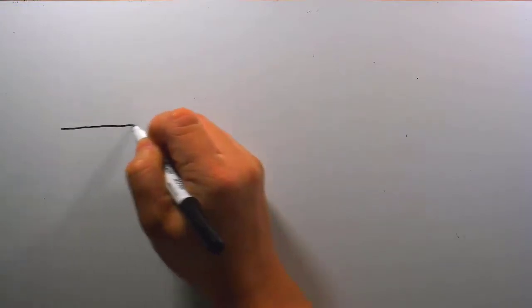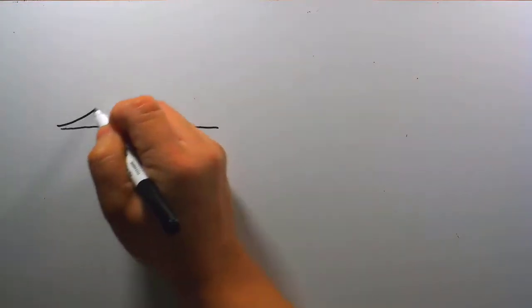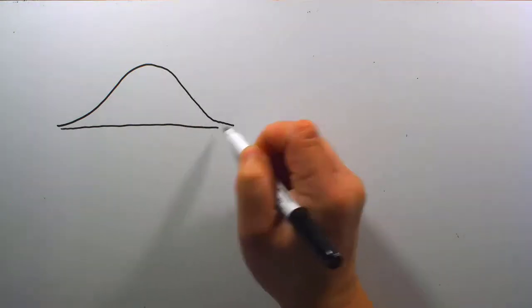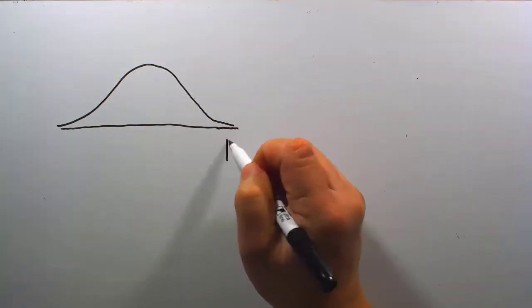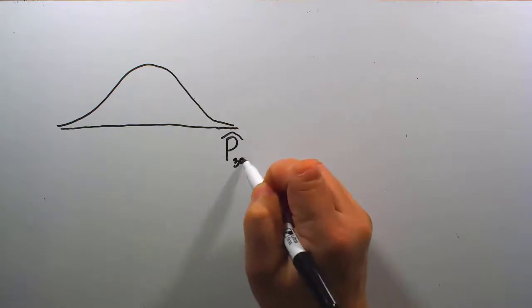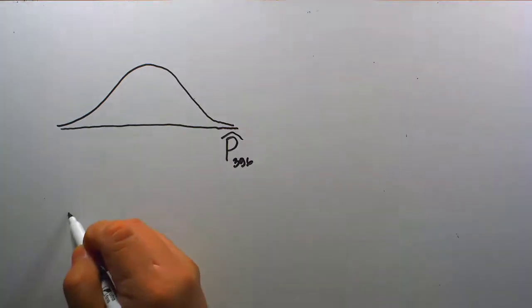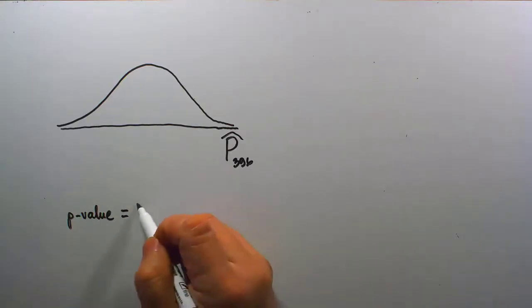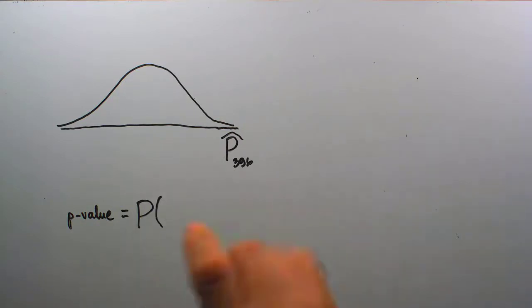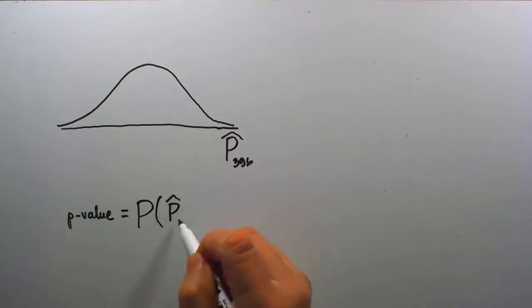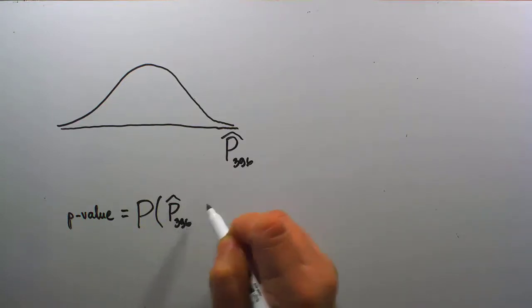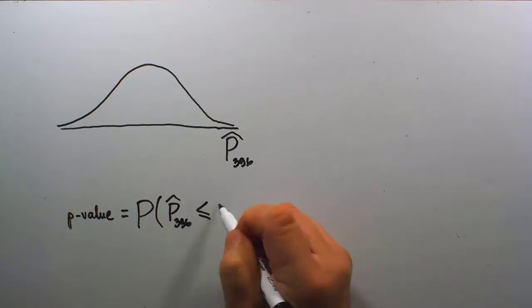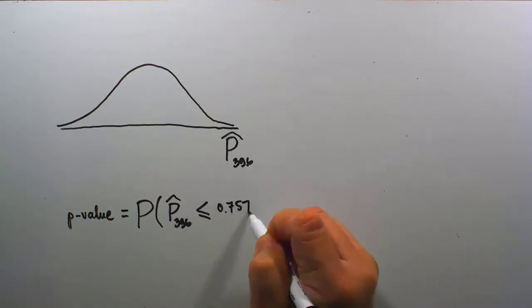And now again, on the bell curve that represents the distribution of sample proportion values at size 396, the p-value for our sample is calculated as the probability that on this bell curve we would find a sample proportion at size 396 being less than or equal to 0.7576.